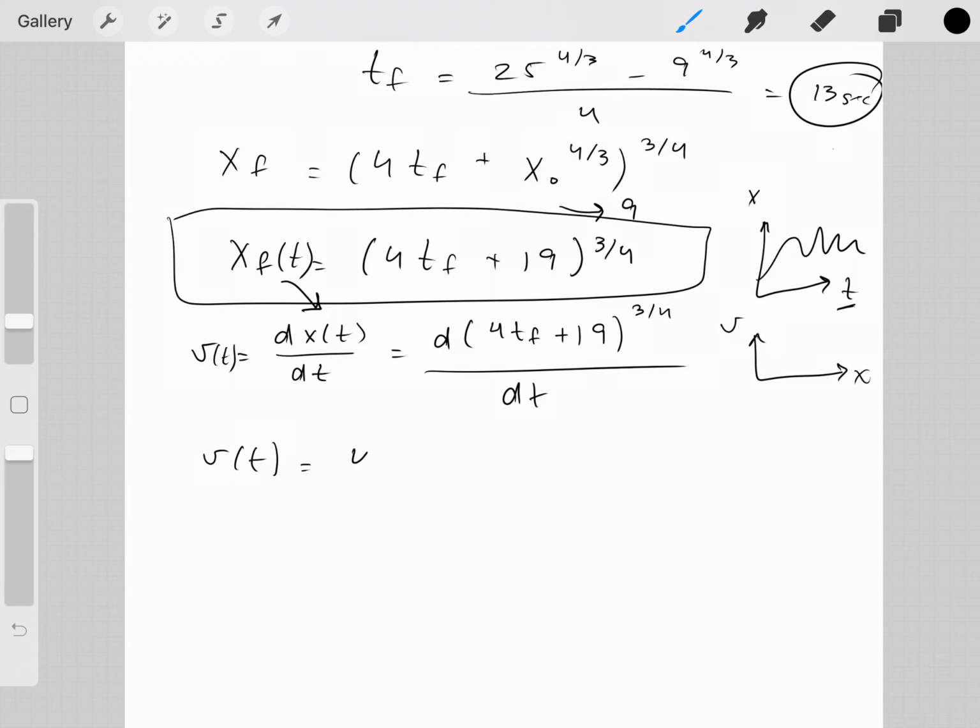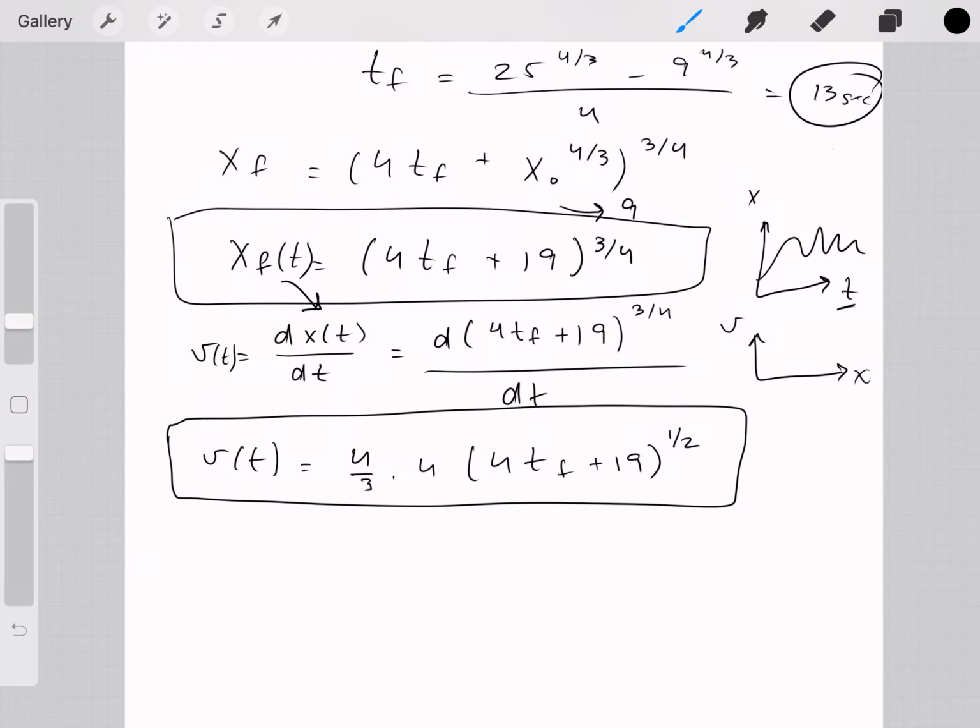And when you derive that, you'll get 4/3 times 4 times (t final plus 19) to the 1/2. And that is equation 2.